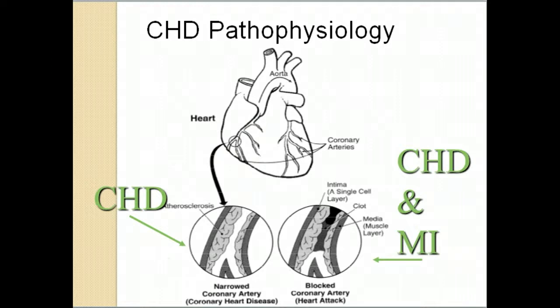Once that area is deprived of oxygen and circulation, that tissue can die if it's longer than 60 minutes. And that can be how we end up with heart failure, because that part of the heart is dead and it no longer functions.